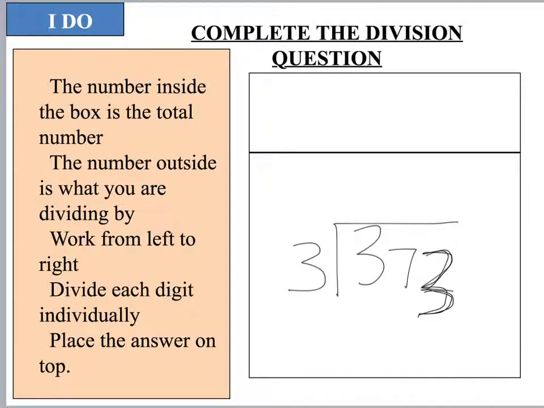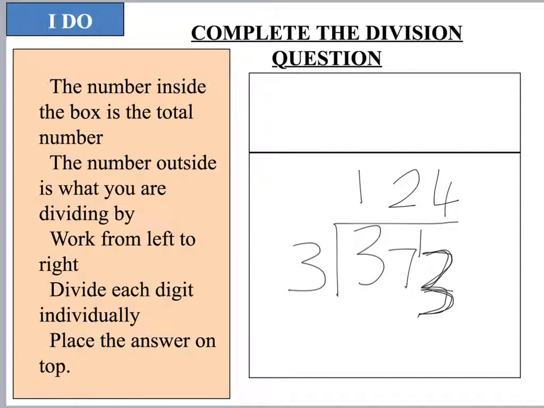So what we're going to do now is the same thing. 3 divided by 3 is 1. 7 divided by 3 is 2 with 1 left over. And now 13 divided by 3. Well, we know 3 goes into 13 4 times, but we have 1 left over. 4 3s are 12, plus 1 extra gives us 13.